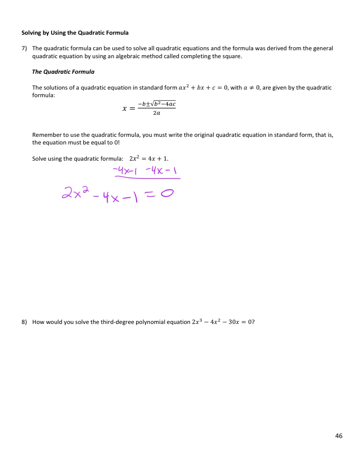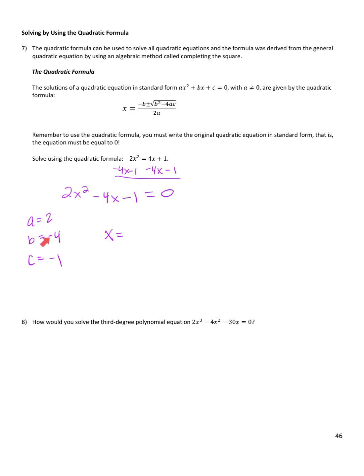My a value is 2, b is negative 4, and c is negative 1. That's the coefficient on a, the coefficient on b, the coefficient on c. And then we plug into this formula. So we have x equals the opposite of b, right? That negative sign, I like to read it as the opposite of.